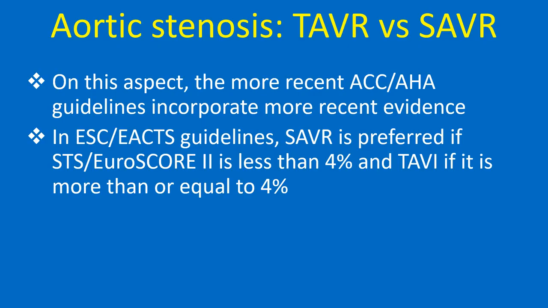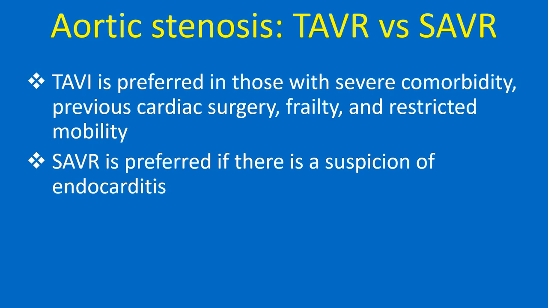In EACTS guidelines, SAVR is preferred if STS Euroscore 2 is less than 4% and TAVI if it is more than or equal to 4%. TAVI is preferred in those with severe comorbidity, previous cardiac surgery, frailty and restricted mobility. SAVR is preferred if there is a suspicion of endocarditis.